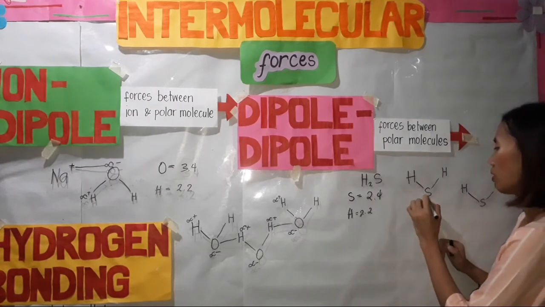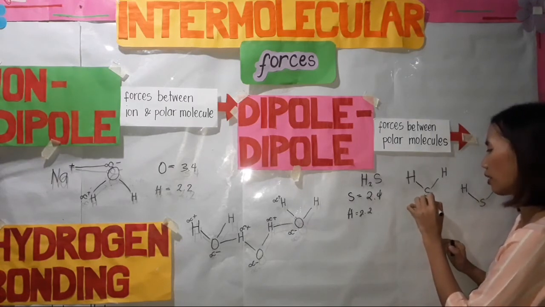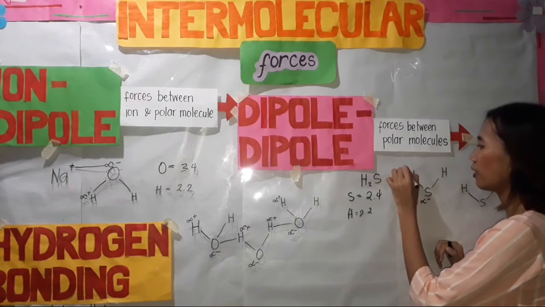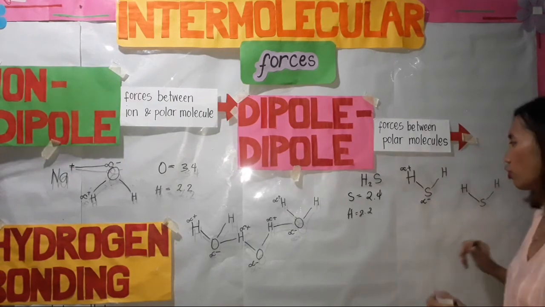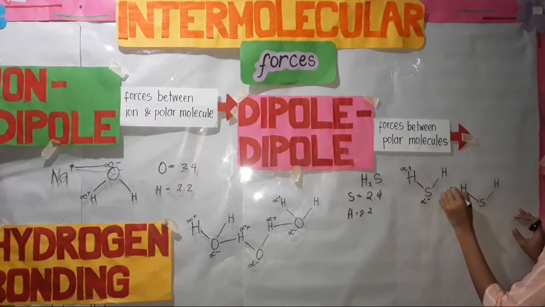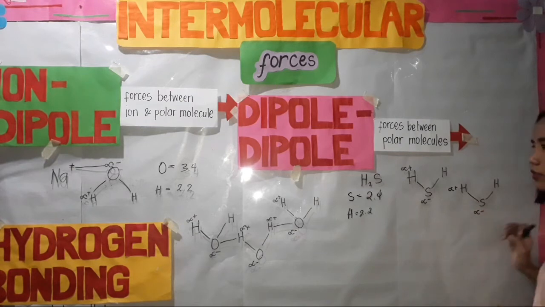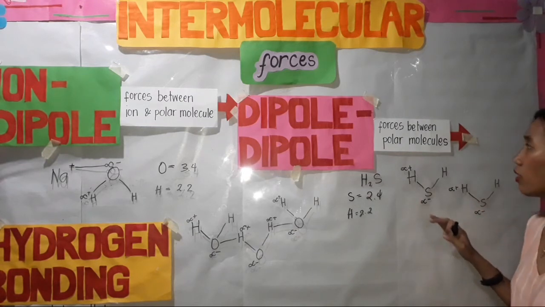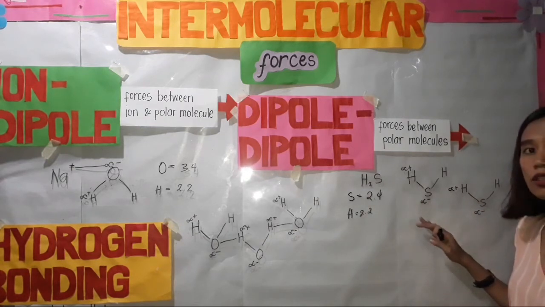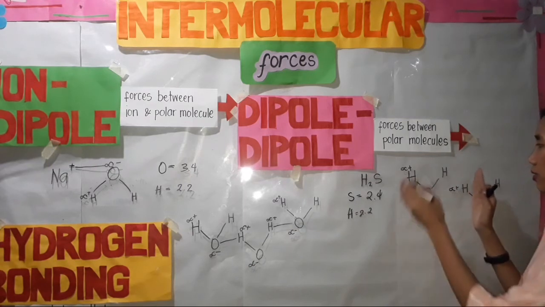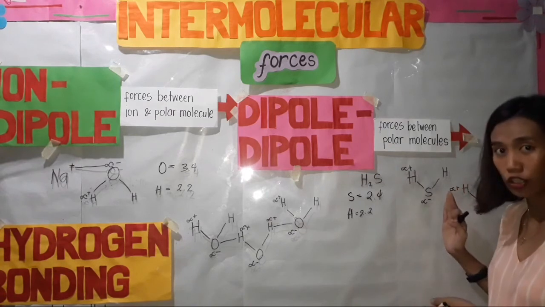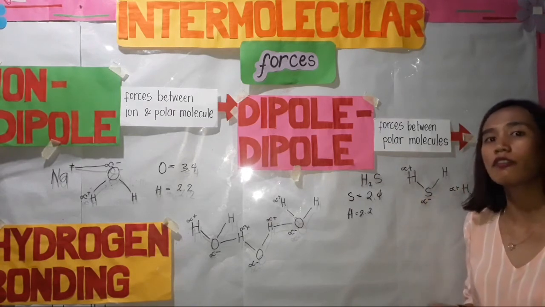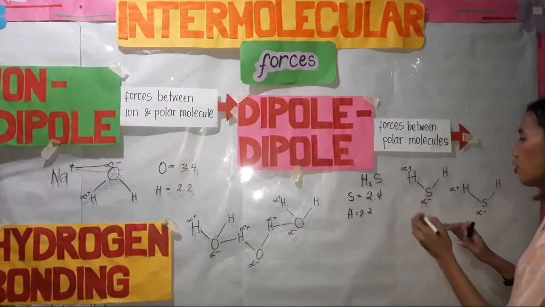So it has the negative charge, and the hydrogen has the positive charge. Hydrogen sulfide is considered a polar molecule because the structure is asymmetrically arranged. It's one property of the polar molecule.